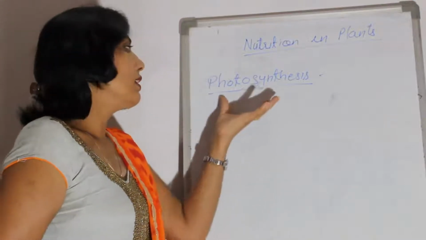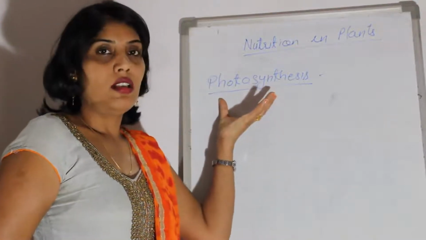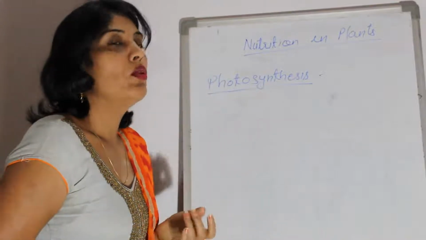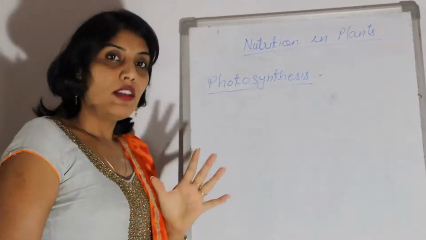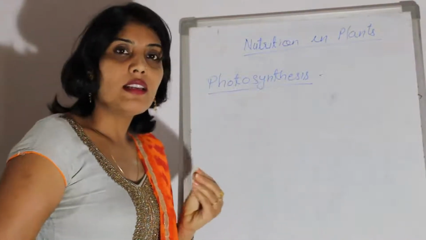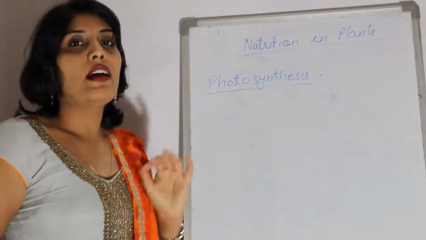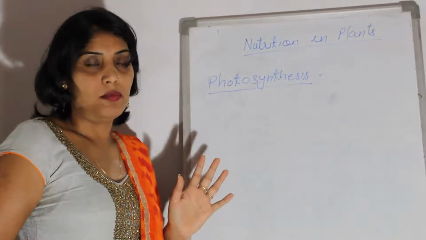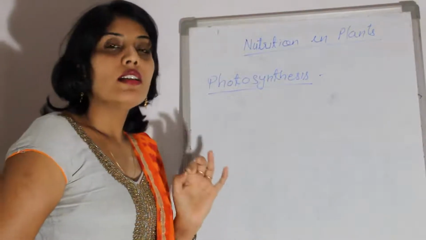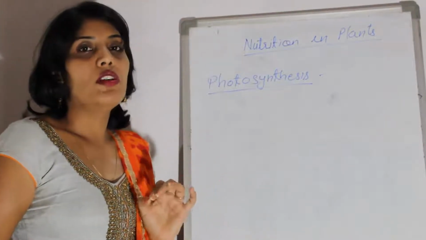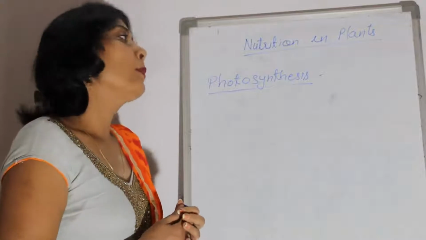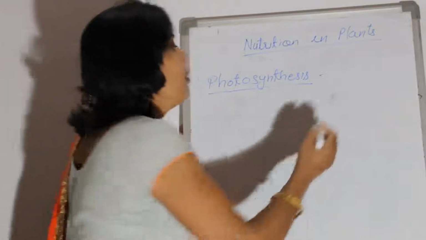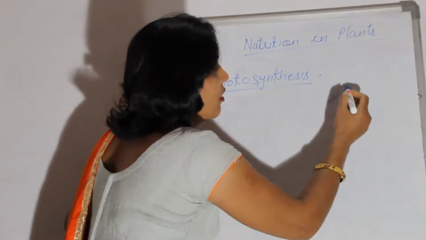Before discussing this process, I want to tell you something about the cell. As you know, a cell is the structural and functional unit of any living organism, and you must be knowing about the structure of a cell.